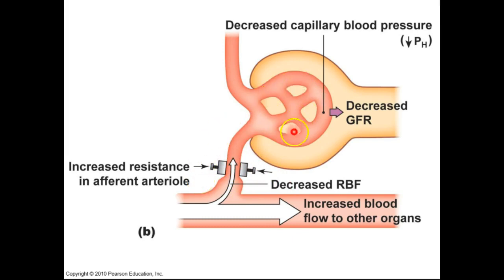What happens to the blood volume and blood pressure within the glomerulus if you constrict the afferent arteriole? Decrease. And then what happens to hydrostatic pressure if we decrease the blood volume? It's going to decrease. So constricting the afferent arteriole is going to decrease GFR by decreasing the hydrostatic pressure of the capillary bed.